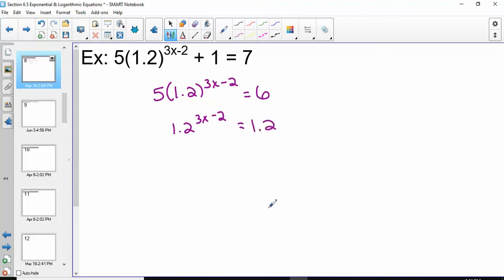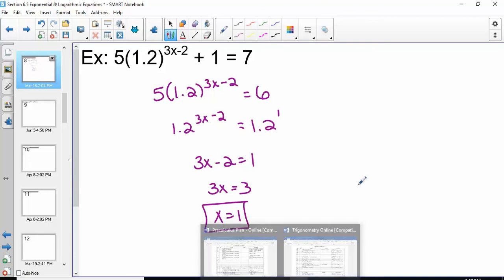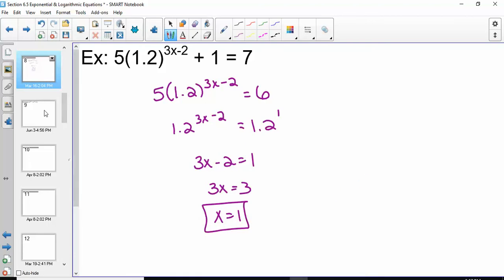But 6 divided by 5 is 1.2, so we got lucky. If you get this common base, solve it how we do the common base problems. Drop your exponents, add your 2, and you get 1. Now, if you don't get a common base, that's fine. You just add your logs, but don't assume that every problem will require a log.